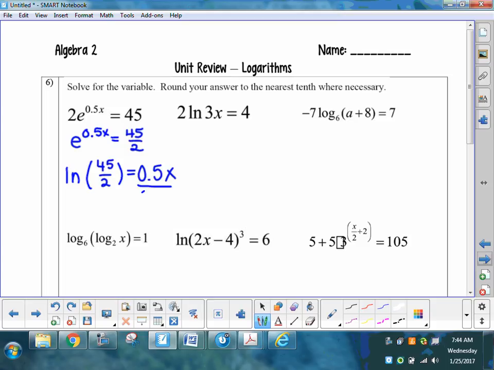Now, by the way, you could have also written this out as what? What's an alternate way? Some of you very well may have this on your paper. Log base e of 45. Same difference. Go into your calculators, please. What is that going to come out to be to the nearest tenth?